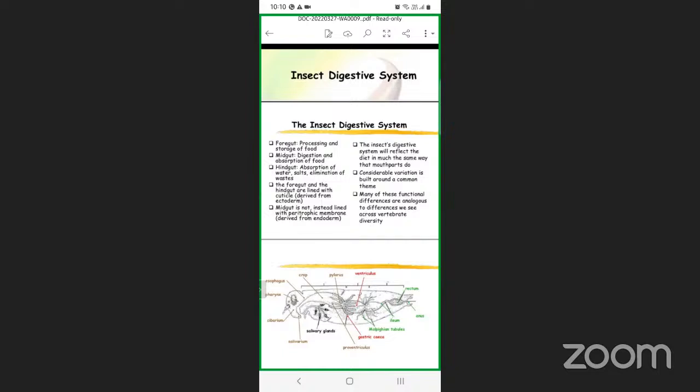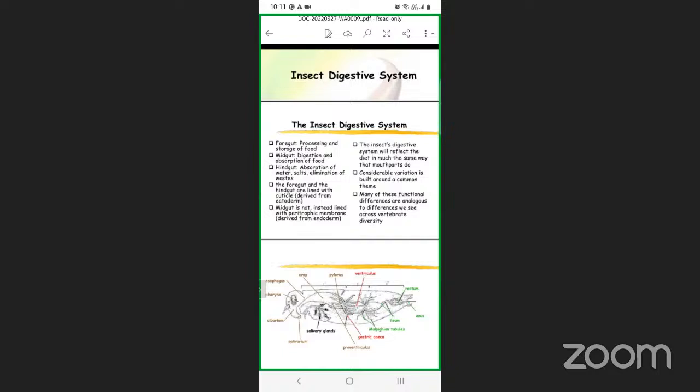Coming to the midgut region, we see the protein and carbohydrate matrix along with the chitin, where the food is formed. The midgut epithelium has three basic cellular types: columnar digestive cells, regenerative cells, and endocrine cells.